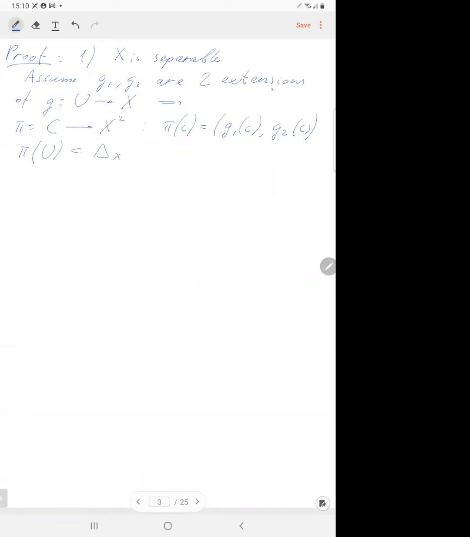Because G1 and G2 coincide with G over U. But then it means that since the diagonal is closed, it's just the definition of separability, pi of C also lies in the whole diagonal.